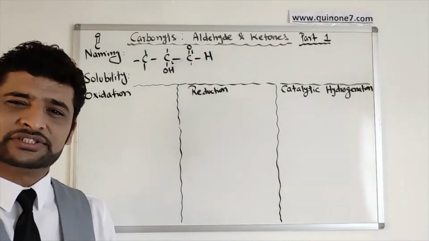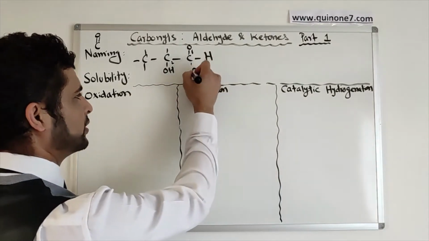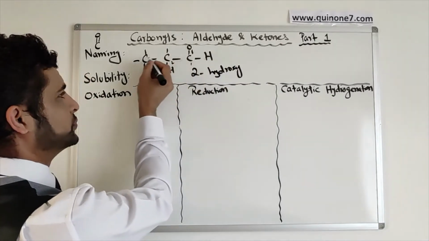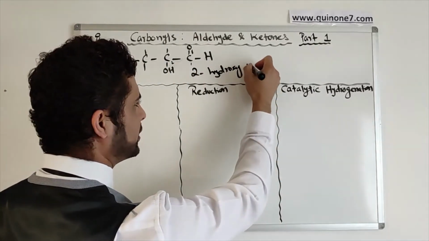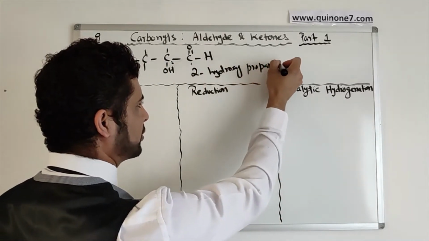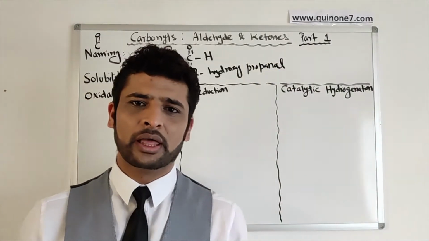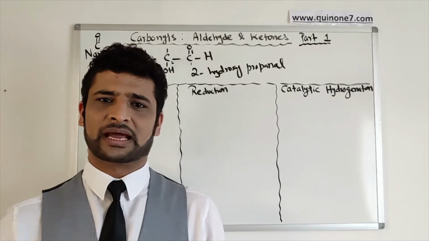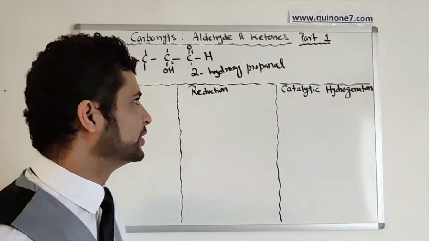So you name the side chain first, which is 2-hydroxy, and then you count 1, 2, 3, 3 carbon atoms. It is propanal. You don't have to write down the numbering for the aldehyde group, because it will always be at the start of the carbon chain.